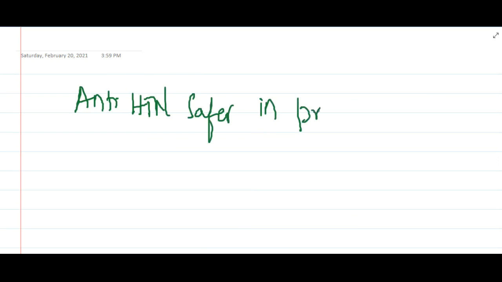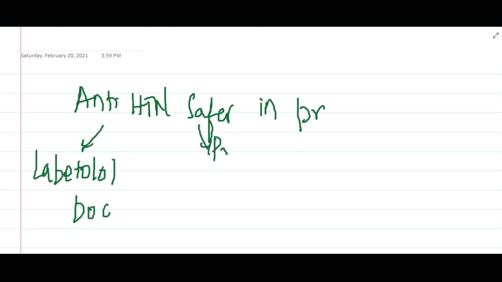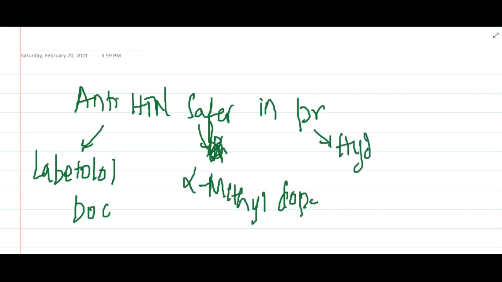So there are some one liners. If you were asked what are the antihypertensive drugs which are safer in pregnancy, then we have the following list. Labetalol is actually the drug of choice in pregnancy. Alpha methyl dopa can also be given in pregnancy, and we have hydralazine and also calcium channel blockers can be given in pregnancy.